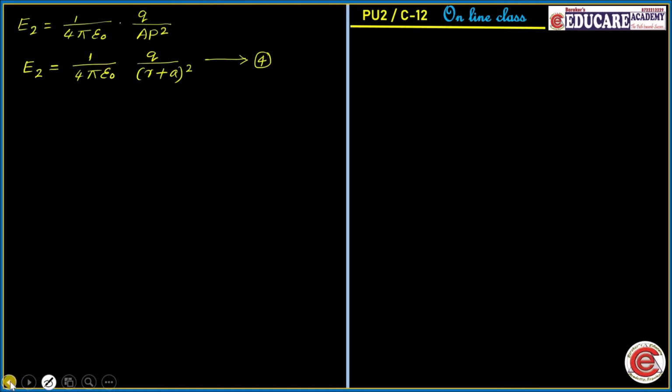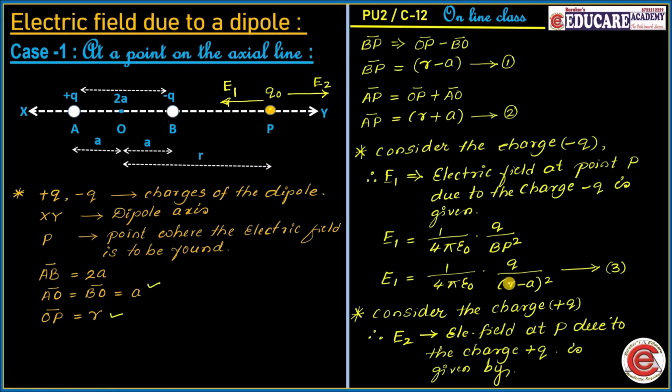So therefore, observe result 3 as well as result 4. In the diagram, these two electric fields are in the opposite direction to each other, and we know that electric field is a vector quantity. Hence, the resultant electric field at point P has to be taken by considering the difference between these two.